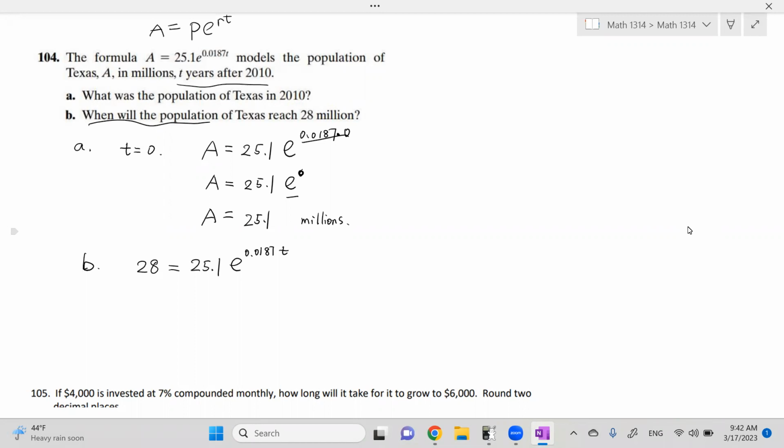Let's solve for t. First we divide both sides by 25.1. We have 28 divided by 25.1 equals e to the 0.0187t. So t is in the power part. We need to take a log or take the ln of both sides. Then I can solve for the t.